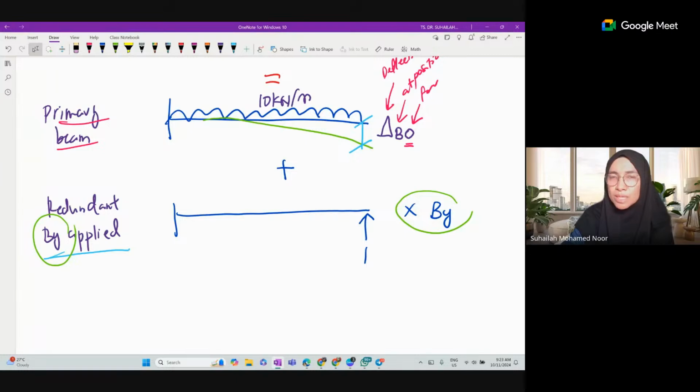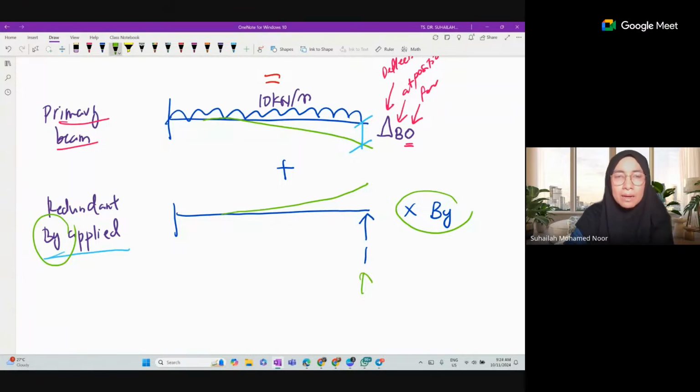Due to this redundant diagram, it will deflect upward because a unit value acts here.